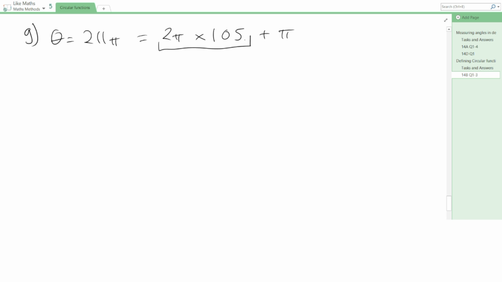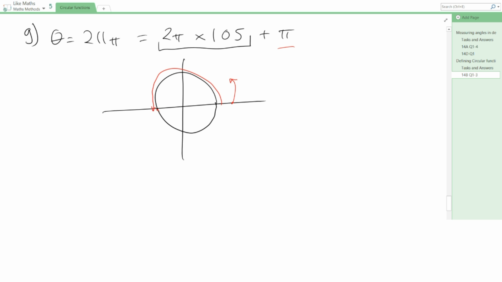Again, I'm trying to factorize it to get how many 2 pi's, because that's how many times we go around, 105 times, getting back to the same spot on the unit circle. Starting from here, it's positive, so we go around that way, 105 times plus another pi, which is half a rotation in radians. So on the unit circle, we're here. So y is 0, x is minus 1, y is given by sine of the angle, x is given by cos of the angle. That's it, yep.